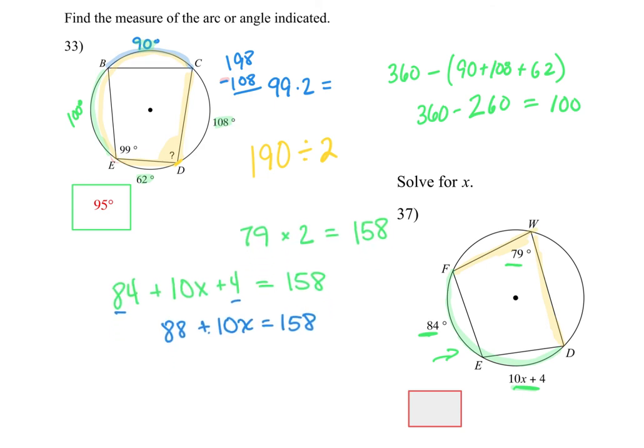This is just basic solving algebra equations here. So 10x equals 70. And then divide. So x should equal 7.